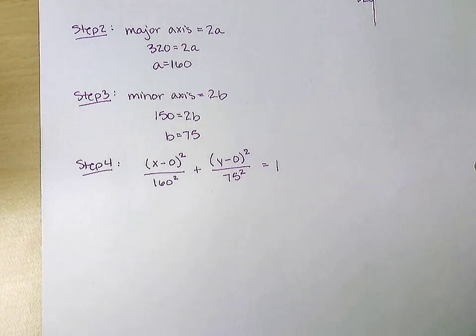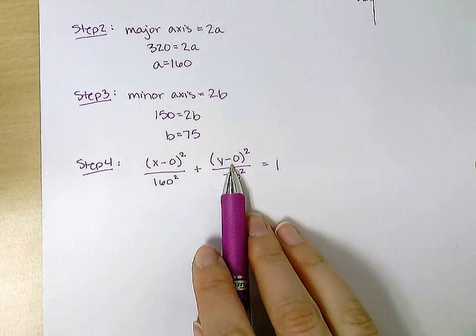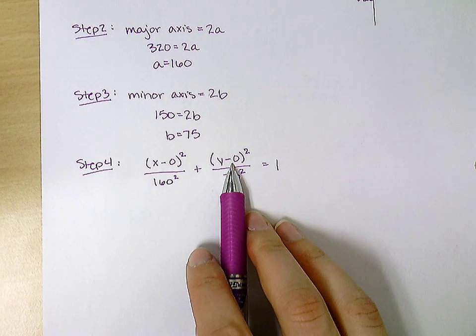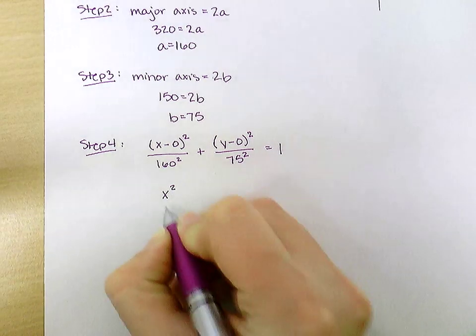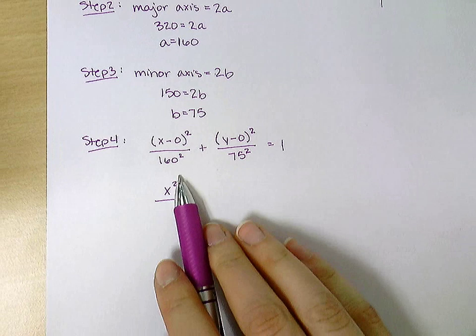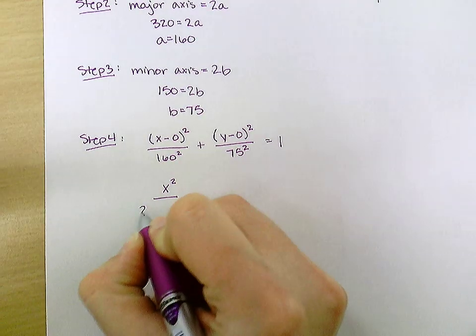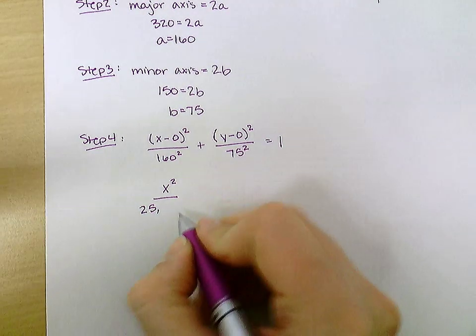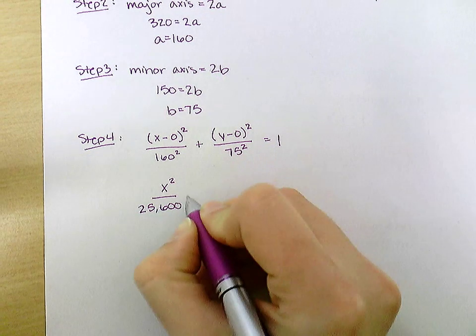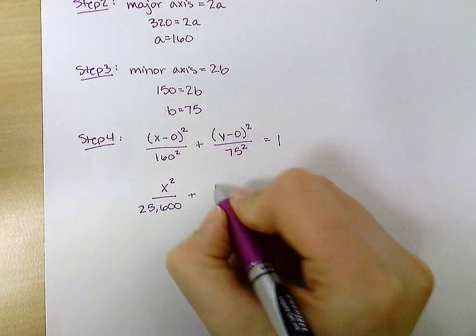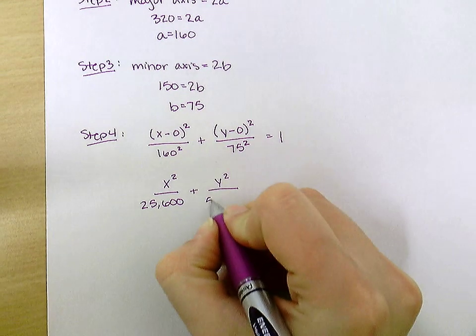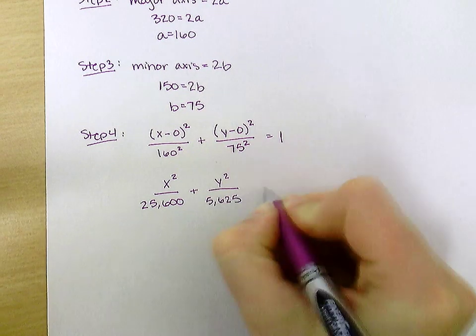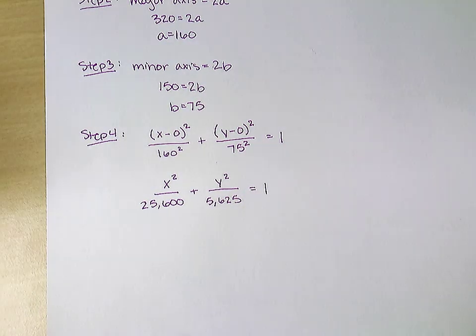Okay, so if you want, you can keep these quantities as x minus 0 and y minus 0. You don't have to. You can write it as x squared over that 160 squared, which is 25,600, plus y squared over 75 squared, which is 5,625, and that's equal to 1.